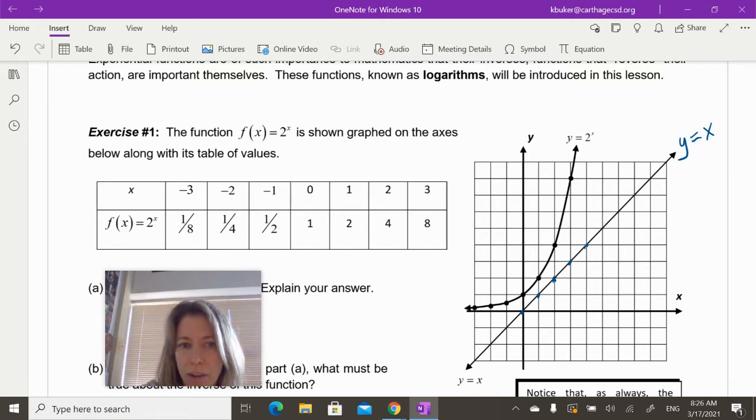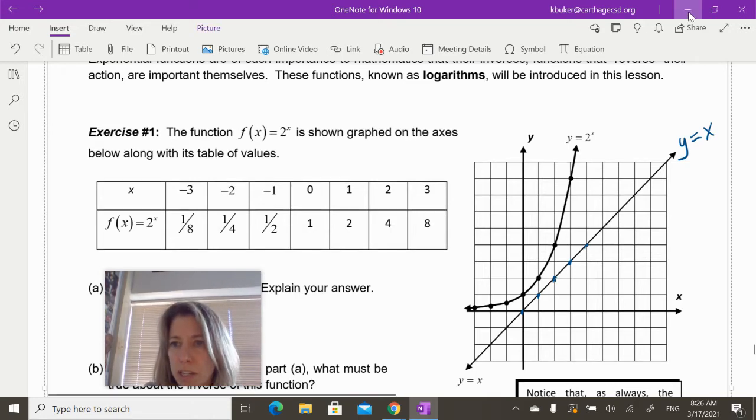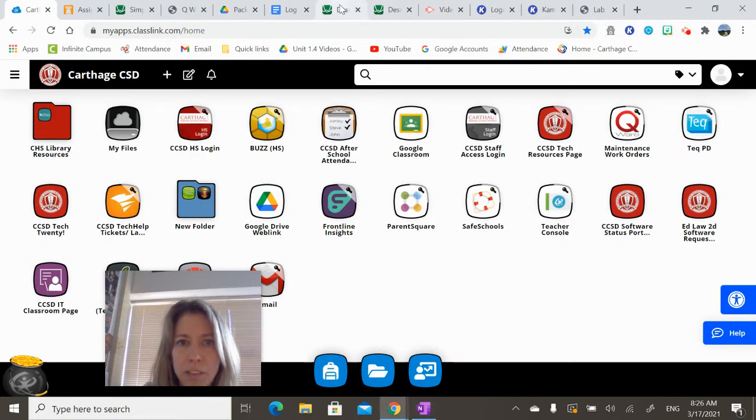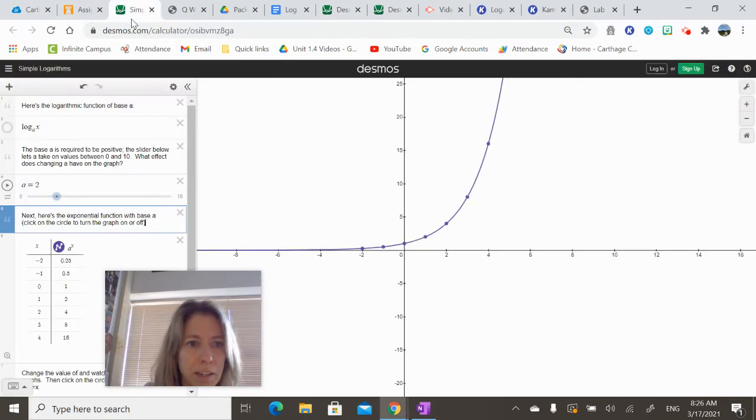And just to give a little bit more knowledge of inverses, I'm going to show you a Desmos thing I came across. This is basically the exponential function where the base is 2. You can see the coordinates if I click on these.